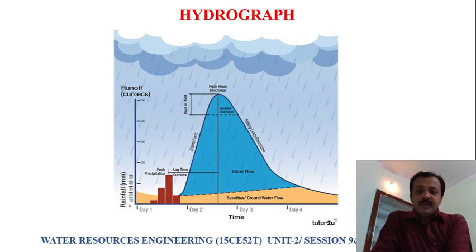This is the curve. This is called the rising limb. This is the falling limb. The area enclosed below this hydrograph gives you the volume of discharge which has flowed through that particular stream. These hydrographs are plotted across streams, right?